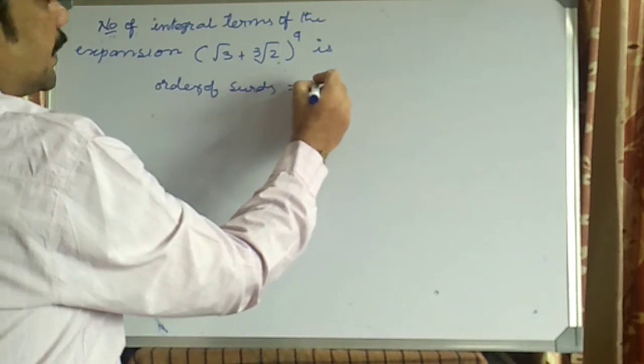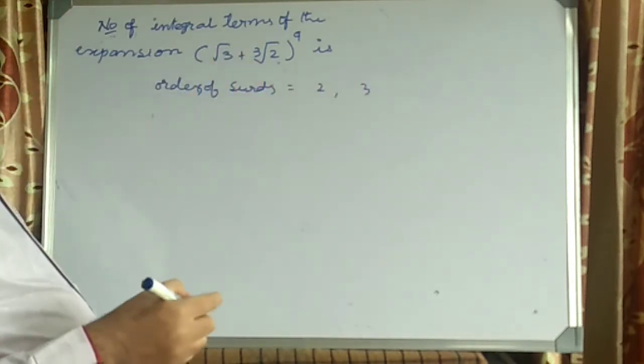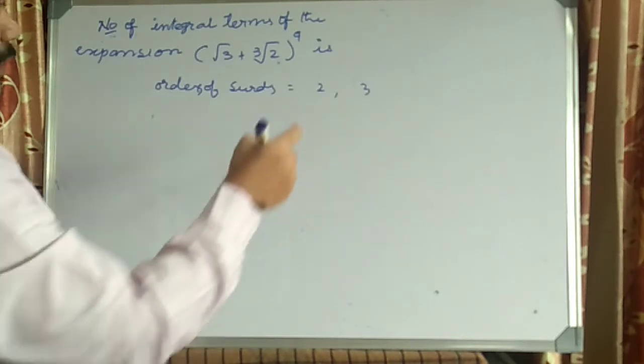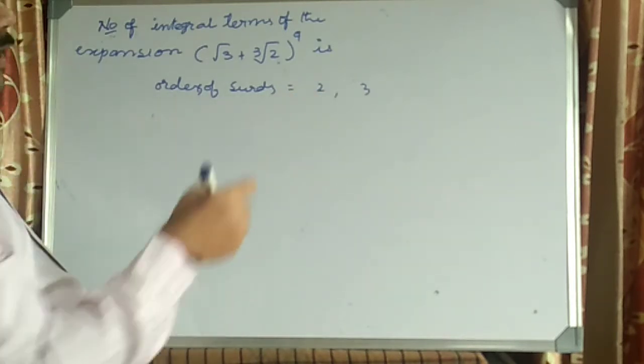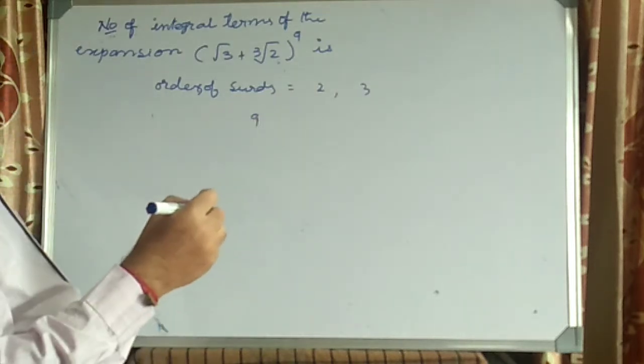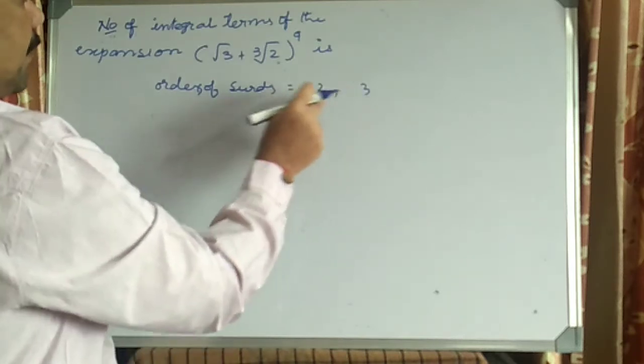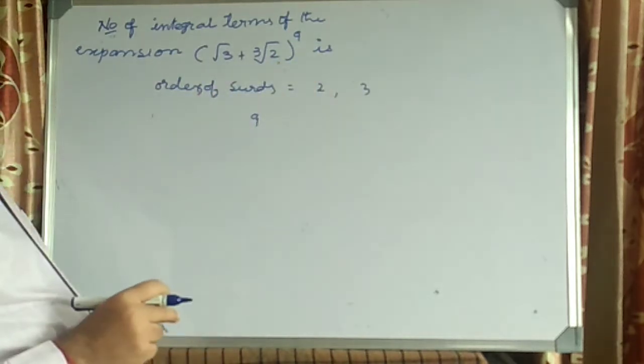The orders of the surds are 2 as well as 3. With these two orders, I am supposed to divide the total power. So we check whether the total power is divisible by any one of these or not.